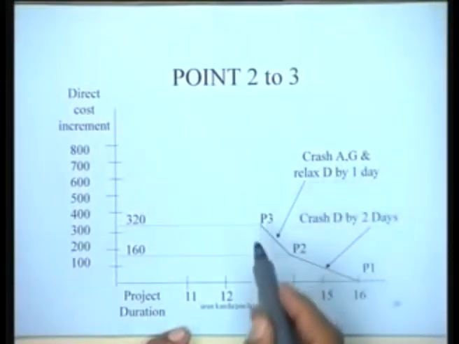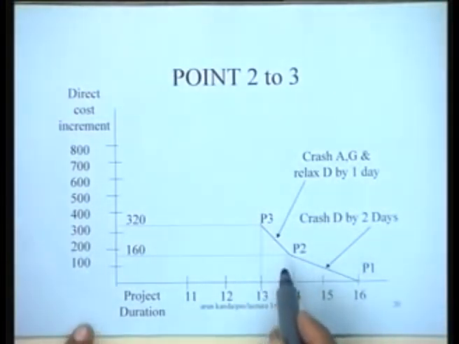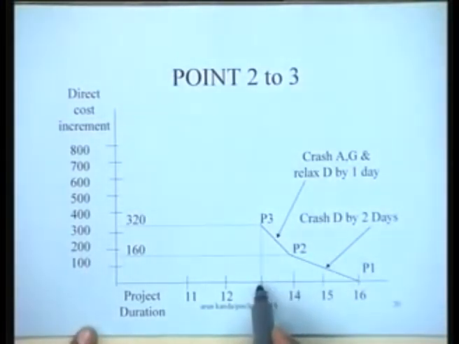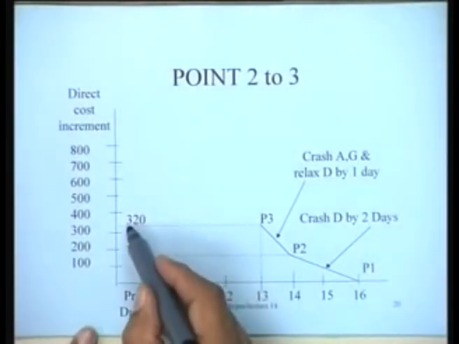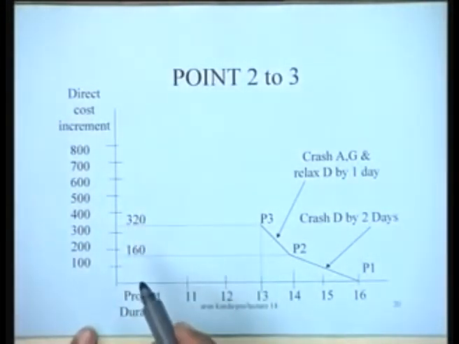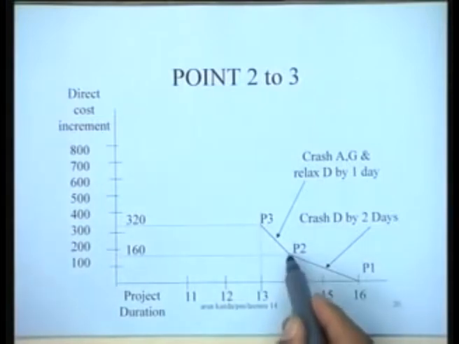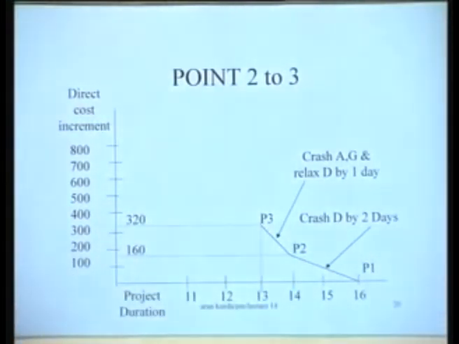And this cost slope is 160 rupees. So this is only 1 day reduction. We have reduced the project duration from 16 to 14 and then to 13 now. And in 13 the total cost has become 320.